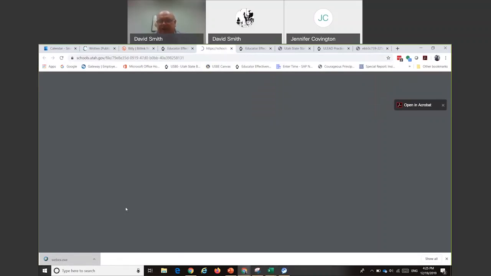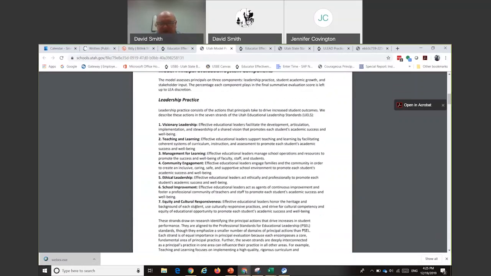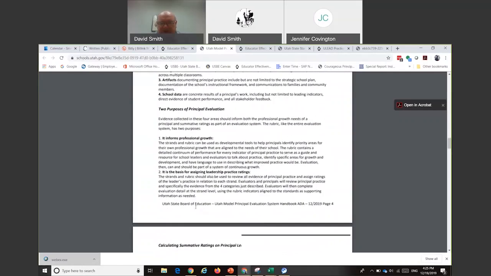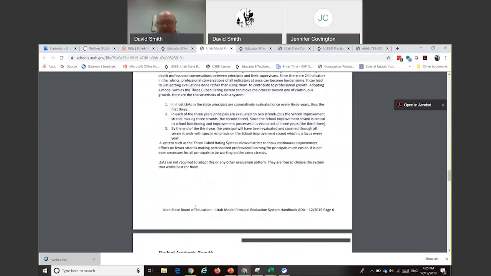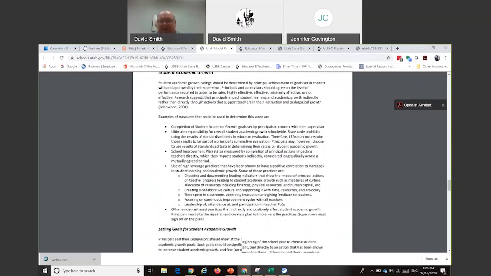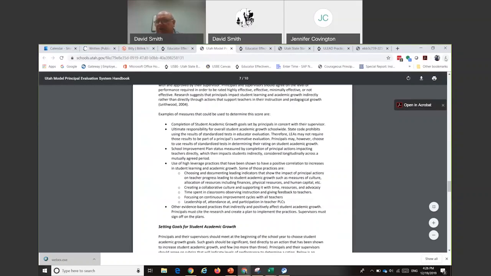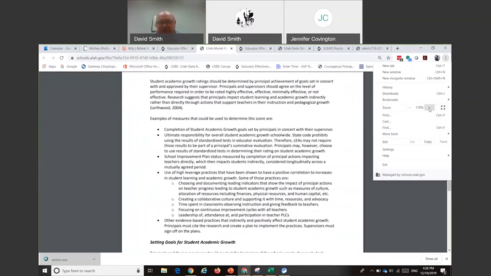If we look at page 7 of this handbook, we are talking about academic growth right here. Here are some examples of some measures that could be used to determine an evaluation score for a principal on student academic growth.